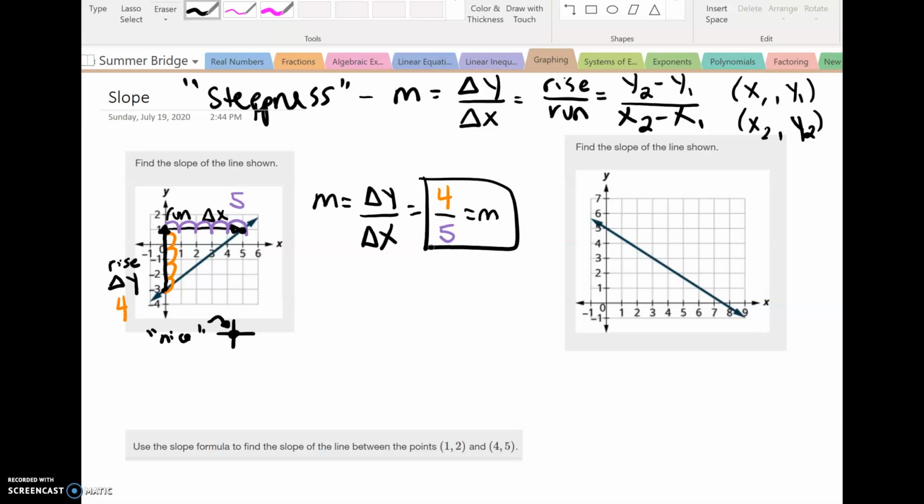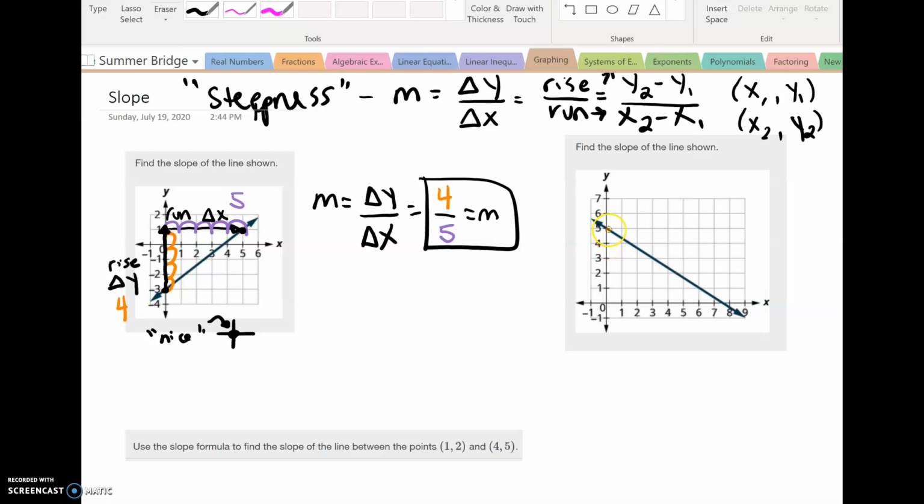Okay. Now, again, I'm talking about going up and to the right, and those represent positives. If I change direction, then I start to use negatives. So let's take a look at the next one.